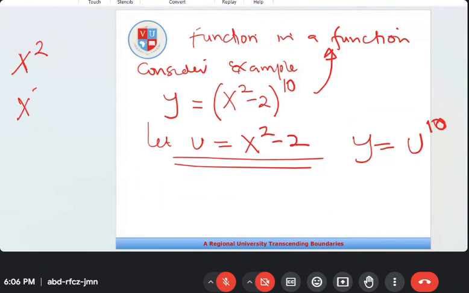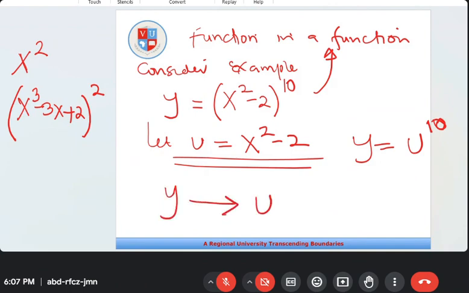But if I have x cubed minus 3x plus 2, this one is a function in a function. Okay? And such functions show we have y, and y is a function of u, whereas u is a function of x.